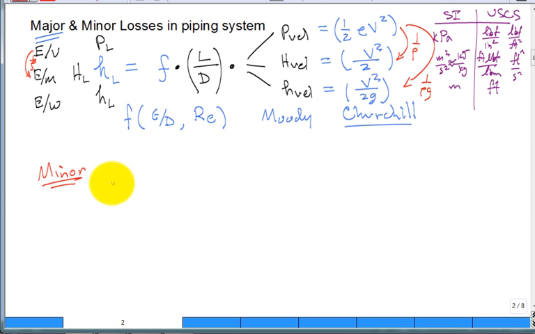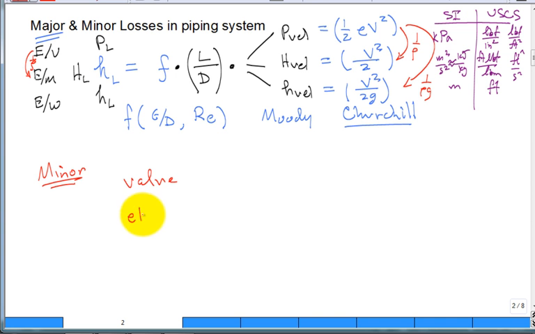So this is things like if you have a valve in a piping system, the valve introduces some obstruction. Maybe when it's fully open, it's not much of an obstruction. Maybe when it's partially closed, it's a big obstruction. So it introduces some loss. Maybe you have something to change the direction of the flow.